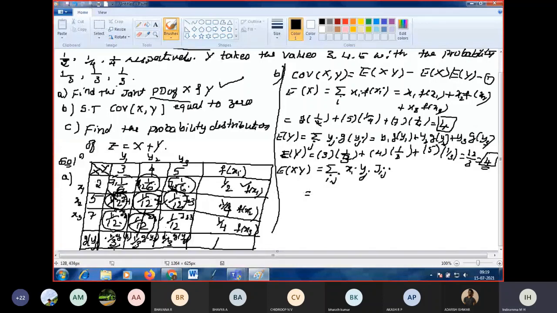First, the product of these three: 2, 3, 1 by 6, plus, summation we have.